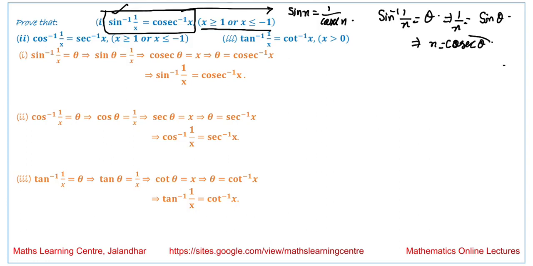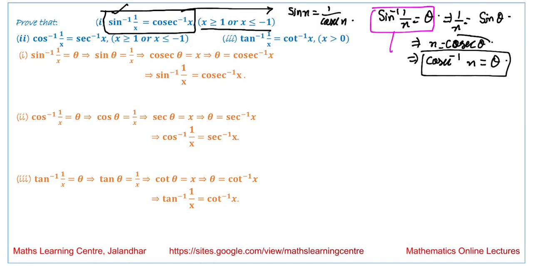So comparing both these values, this implies that cosecant inverse of x is equal to theta. Comparing the last and first values, we obtain that sine inverse of 1 by x is equal to cosecant inverse of x. This is our first result.